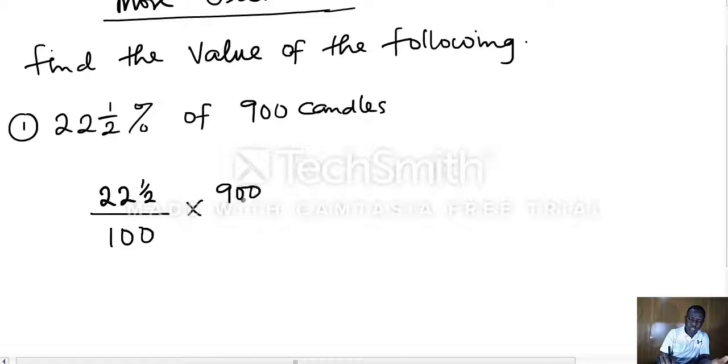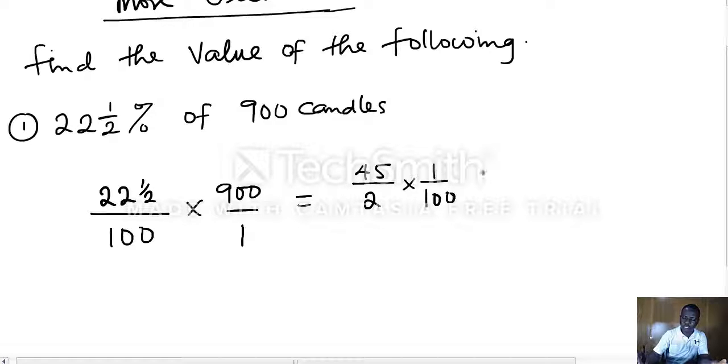times 900 over 1, which we said is equal to, expressing this as a fraction, this becomes 22 times 2 is 44, plus 1 is 45, divided by 2 times 1 over 100, then multiplied by 900 over 1.